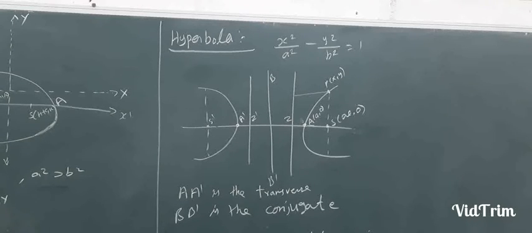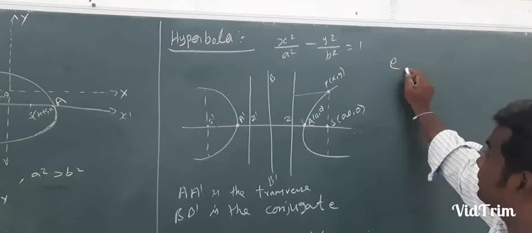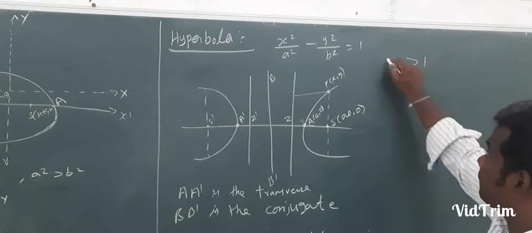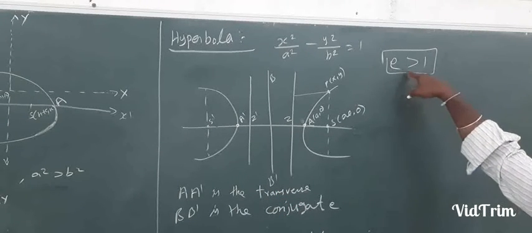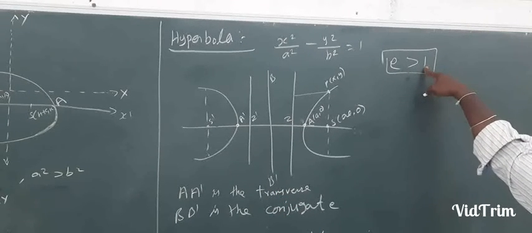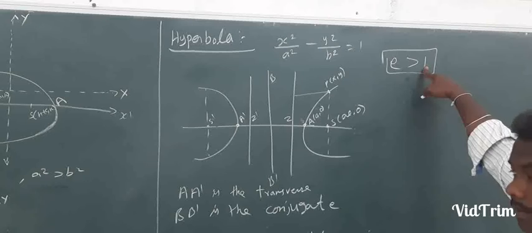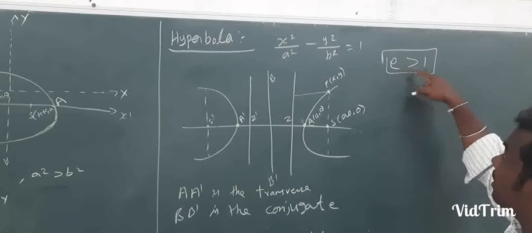First you must know the eccentricity e is greater than 1. If less than 1 it is an ellipse; if equal to 1 it creates a parabola; but here e is greater than 1.